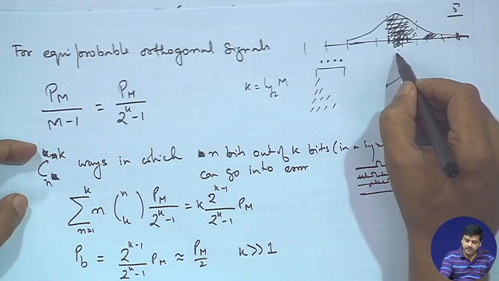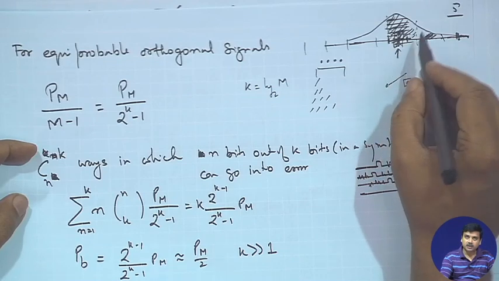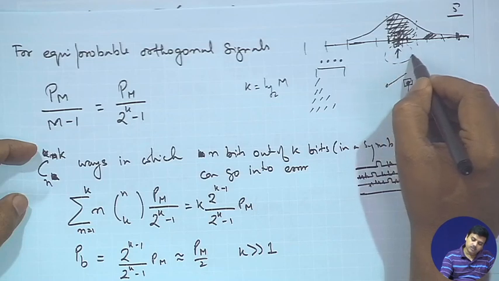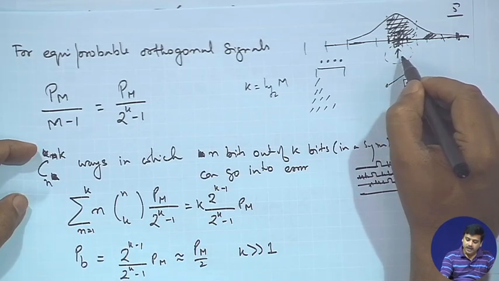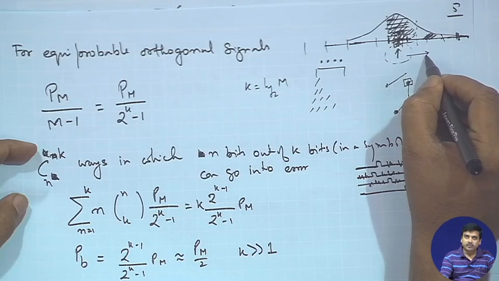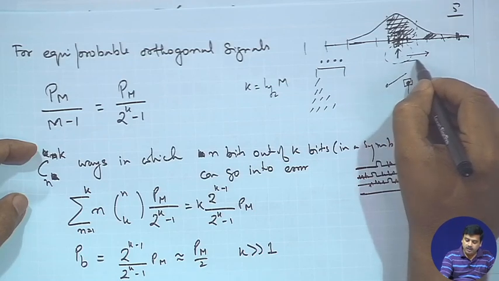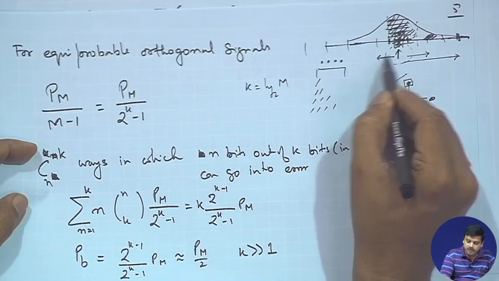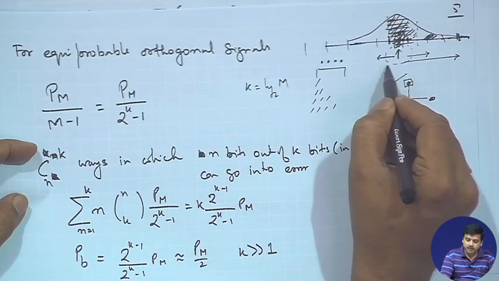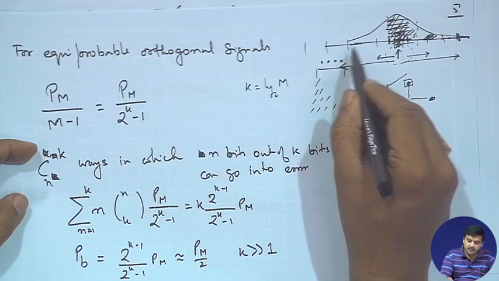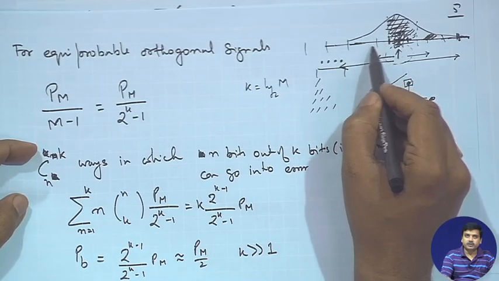So, what we mean to say is that if I have sent this signal, the highest probability for this signal is probably to remain over here, and if at all it has to go into error, it has a higher chance of going to the neighbor, and going to the neighbor far away is even less. So, going to this neighbor is probably equal to going to this neighbor, but being decided at this neighbor is much less than probability of becoming this neighbor.